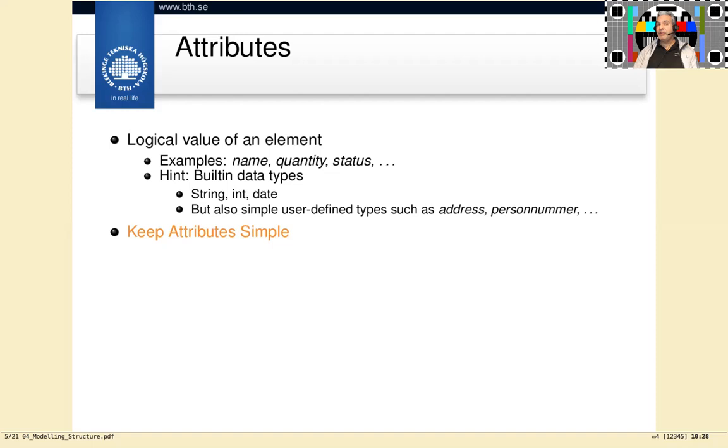But if you can keep the attributes simple, something that is really just attached to another concept and doesn't really have an importance of their own, then that's a good rule of thumb as well. Keep the attributes simple. And as I say, you can always change. You can always convert an attribute into a concept or vice versa as you learn more.